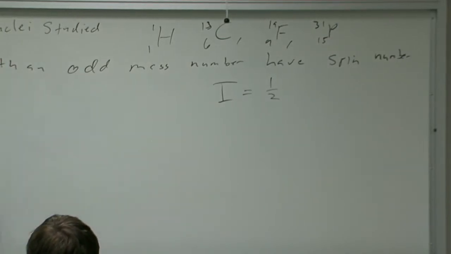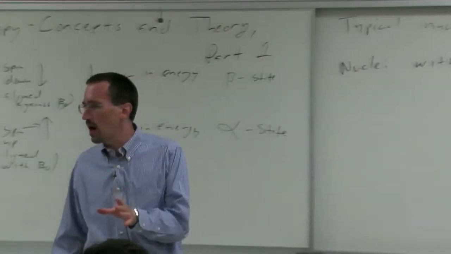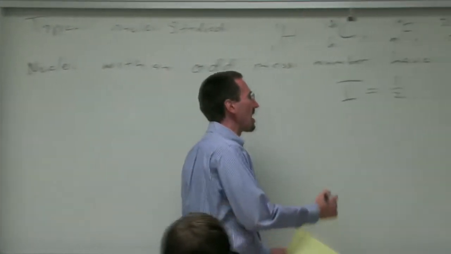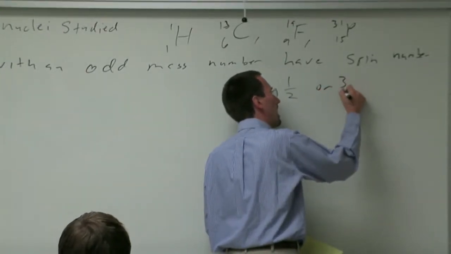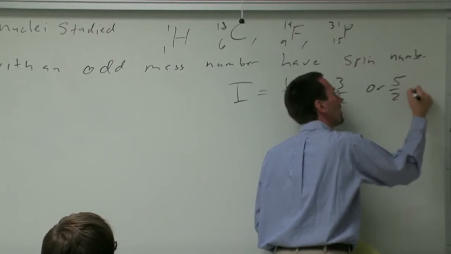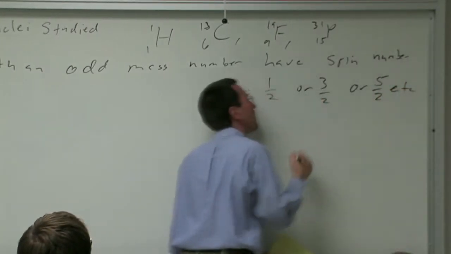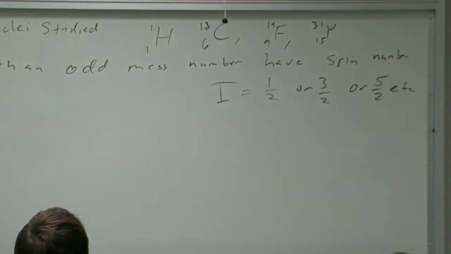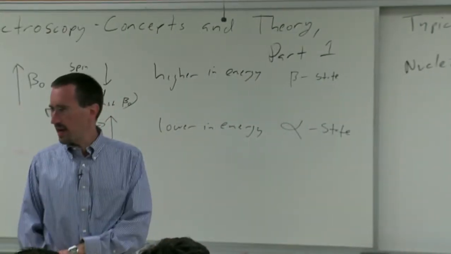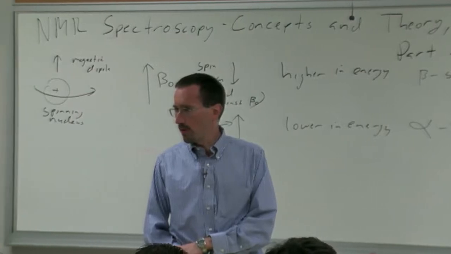But if we want to generalize more, nuclei with an odd mass number will have a spin number of 1/2 or 3/2 or 5/2, etc. So that's the more general idea. The ones with 1/2 are easy because they have what's called a nuclear dipole.